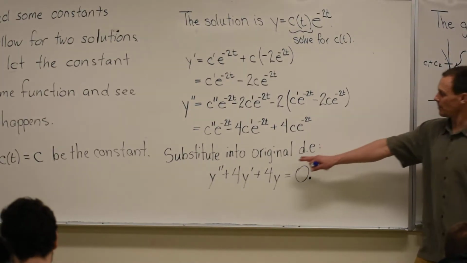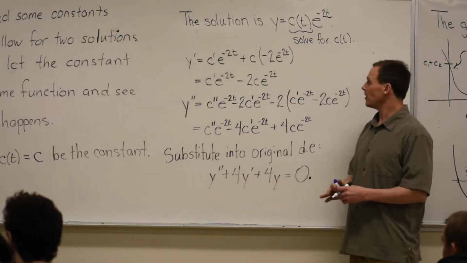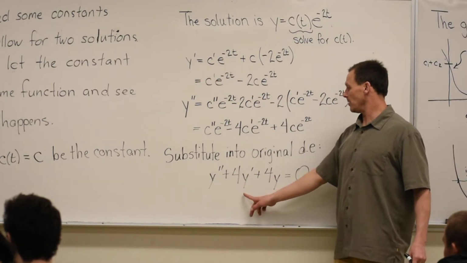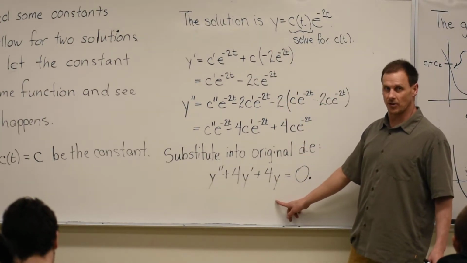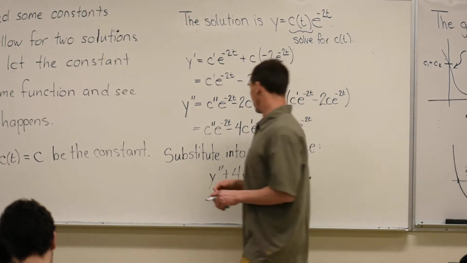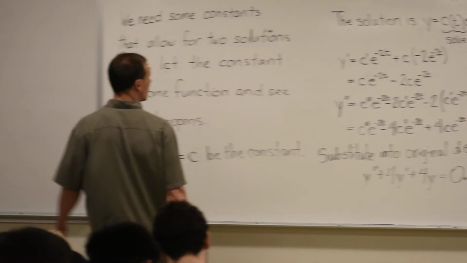We have y double prime goes into this first term, y prime goes to our second term, and y goes to our third term. So here we go, 4 times y.